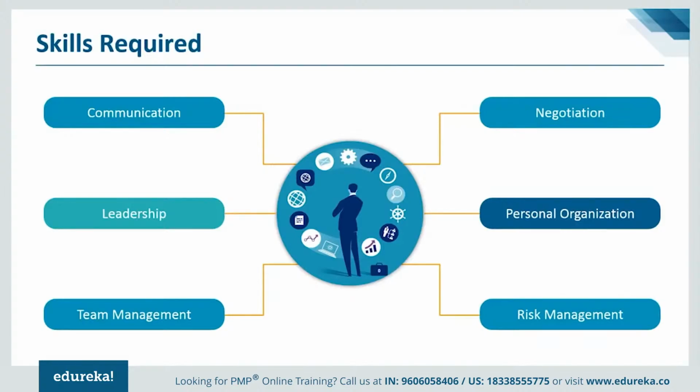Another thing is, of course, leadership. Whichever structure you have in your organization, be it a matrix structure, a typical hierarchical structure, or a functional structure, leadership is definitely required. Even your team members who are working on your project with you, whether they report to you or not, still you need leadership.